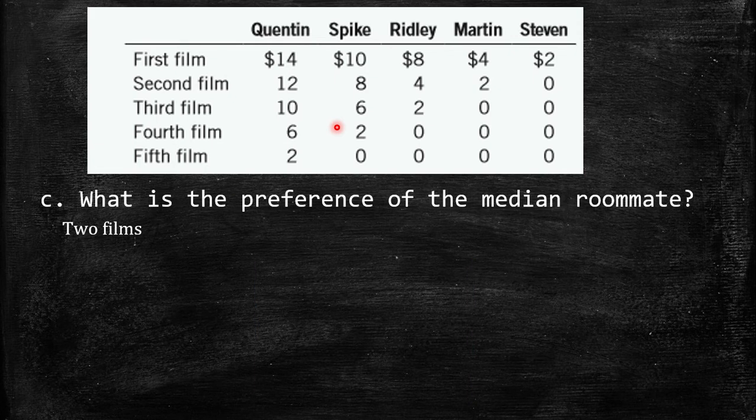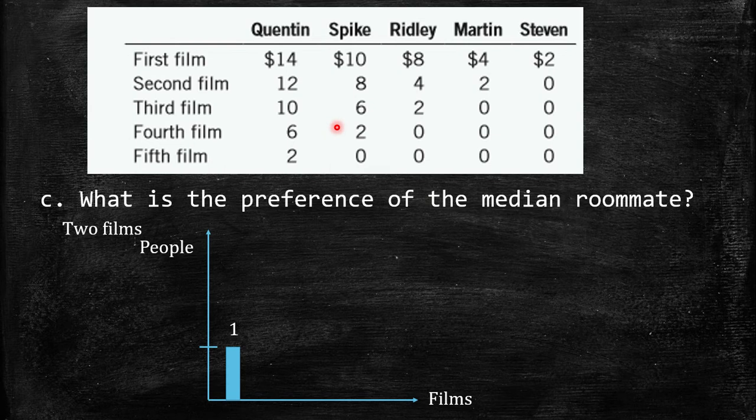Then, what is the preference of the median roommate? 2 films. Why? Here we have in the x-axis the films and then the people. The situation is the following. With 0 films, it should be just 1, Steven. 1 film should be preferable for 1, which should be Martin.